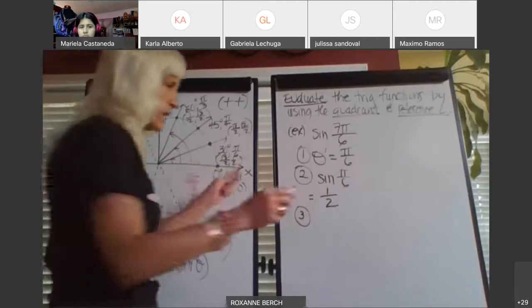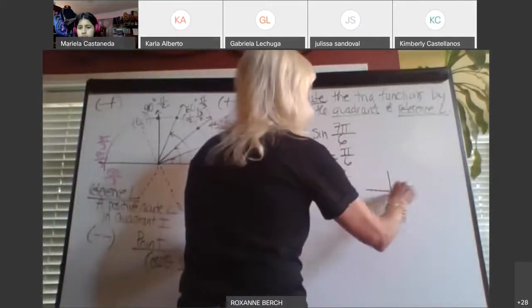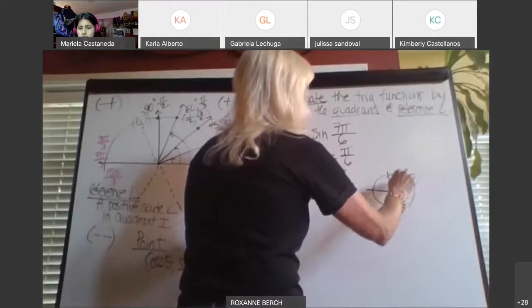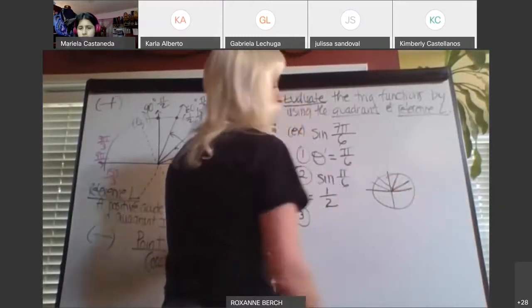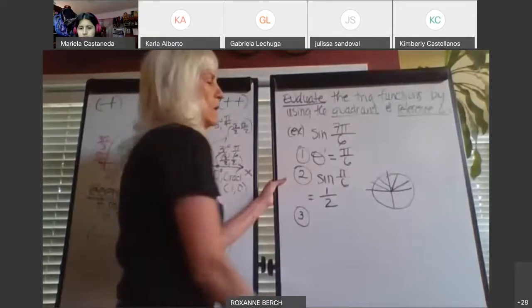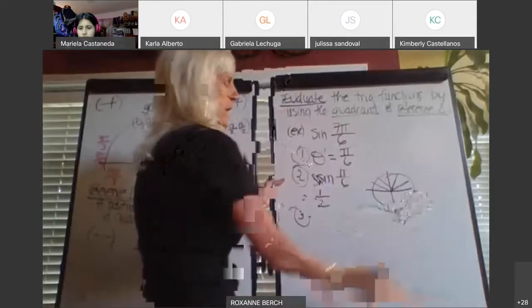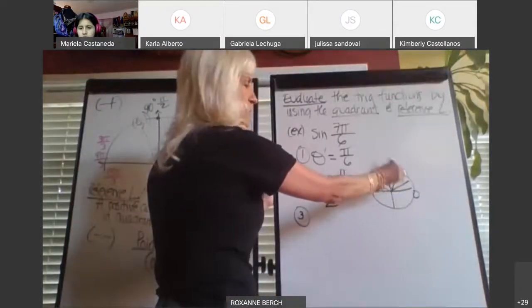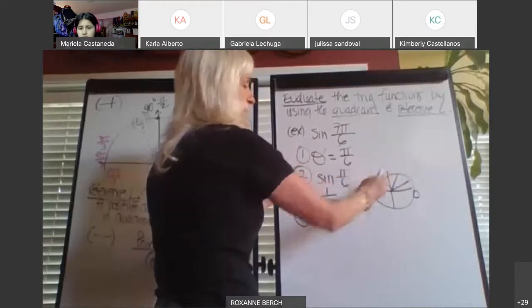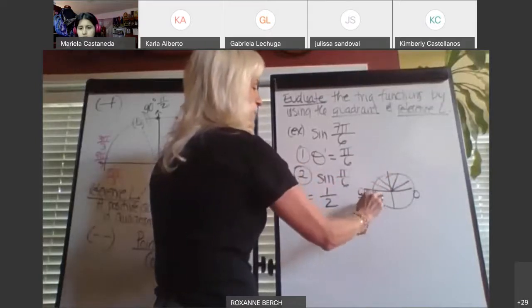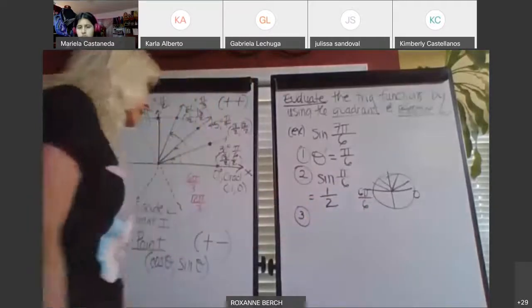Let me write it over here. So if you divide the top into 6 parts, pi over 6 radians, 2 pi over 6 radians, 3 pi over 6, 4 pi over 6, 5 pi over 6. This is 6 pi over 6 radians, right?